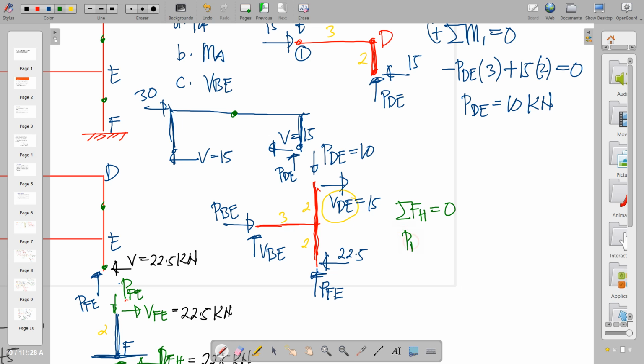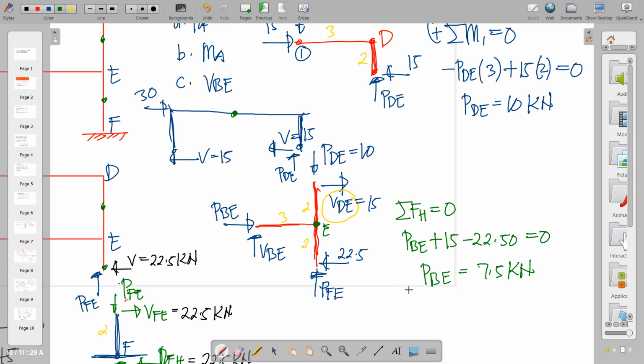We have rightwards PBE, rightwards 15, this one, this is plus, minus leftwards 22.5 is equal to 0. So PBE is positive 7.5 kilonewton. So why do we need to get this one?